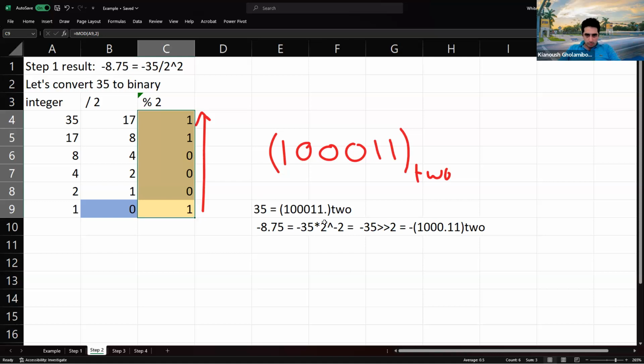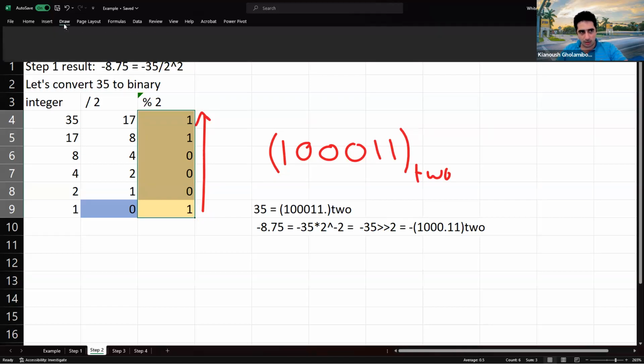So in order to divide the number that you have, negative 35, by 2 squared, you're going to grab this binary point and shift it 2 bits to the left, which becomes negative 1000.11.